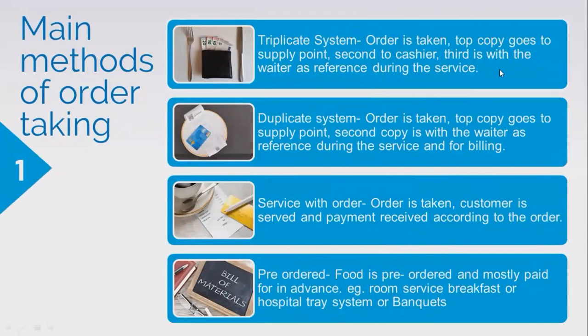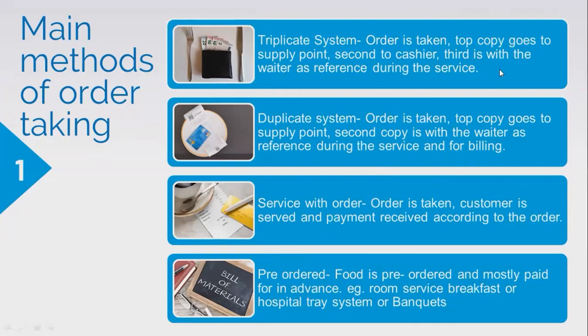Third is with the waiter, and he's going to use that as a reference during the service. Now, when we're talking about duplicate system, order is taken, top copy goes to the supply point, second copy is with the waiter as reference during the service, and the same is going to be used for billing.